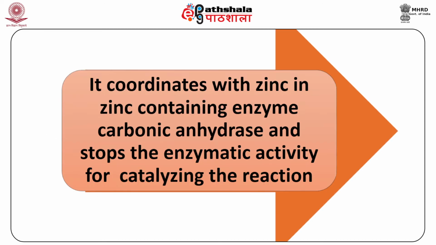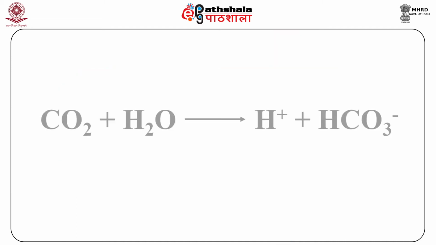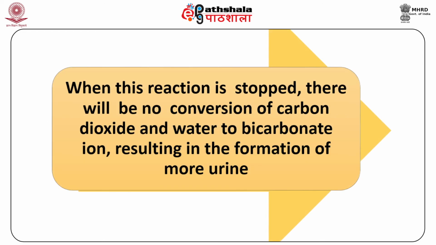It coordinates with zinc in the zinc-containing enzyme carbonic anhydrase and stops the enzymatic activity for catalyzing the reaction, in which water combines with carbon dioxide to form bicarbonate ion.